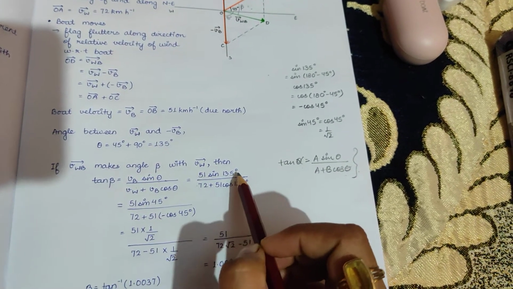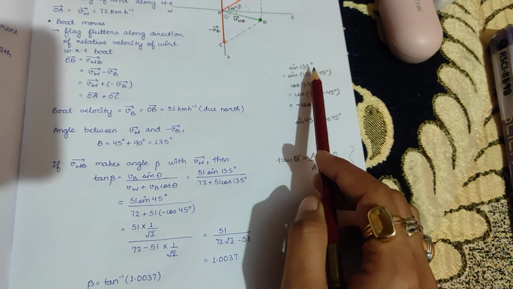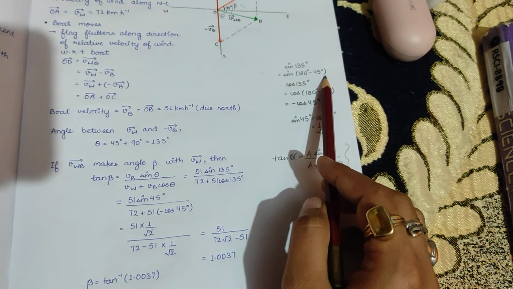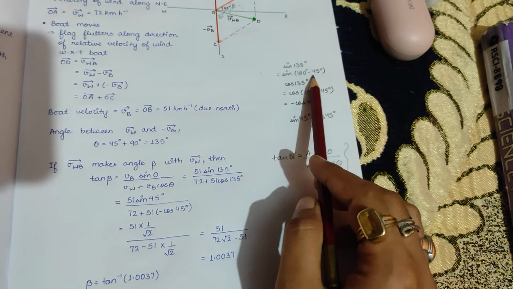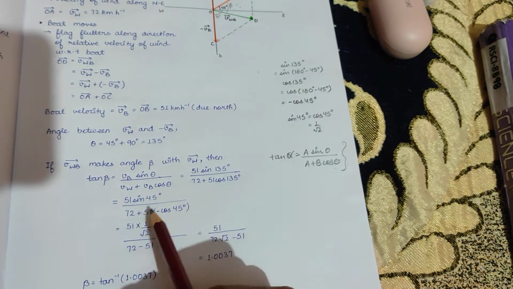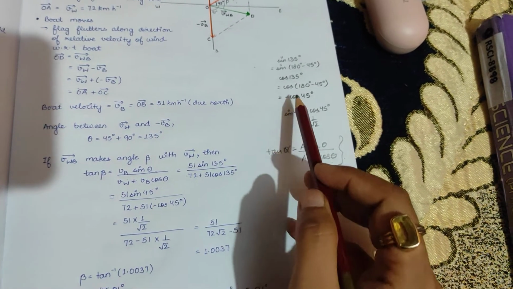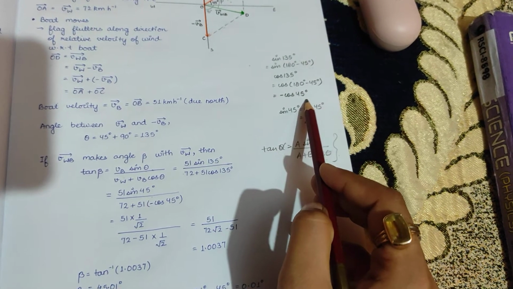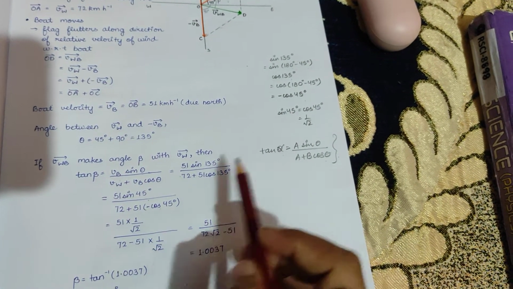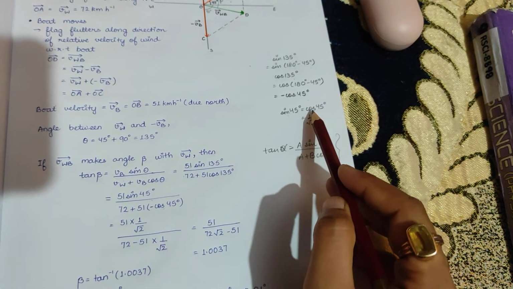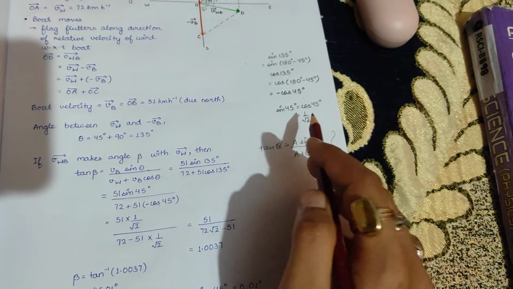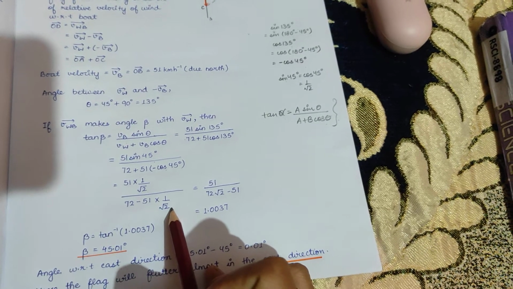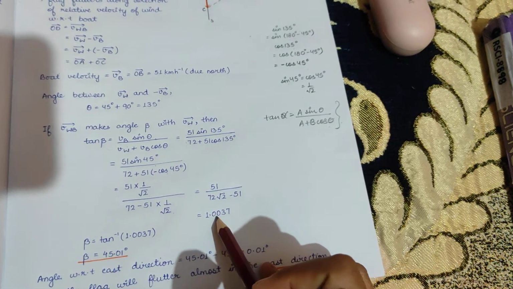Now sine 135 degrees can be written as sine of 180 degrees minus 45 degrees, and we know that sine of 180 degrees minus theta is sine theta, so we will get sine 45 here. But in the case of cos 135 degrees, we will get minus cos 45 degrees. Now the value of sine 45 and cos 45 is equal, which is 1 by root 2. We will put the values of these here and then solve this question.